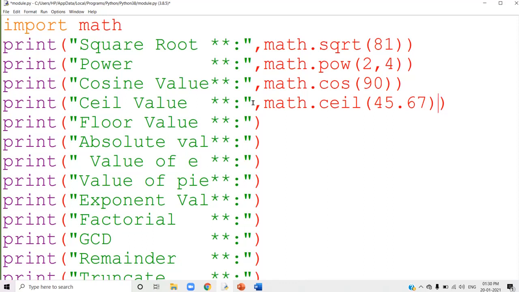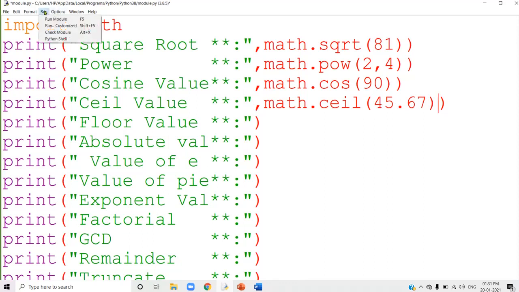Here the given argument is 45.67. Can you say which is the smallest integer which is greater than or equal to 45.67? Yes, it will be 46.